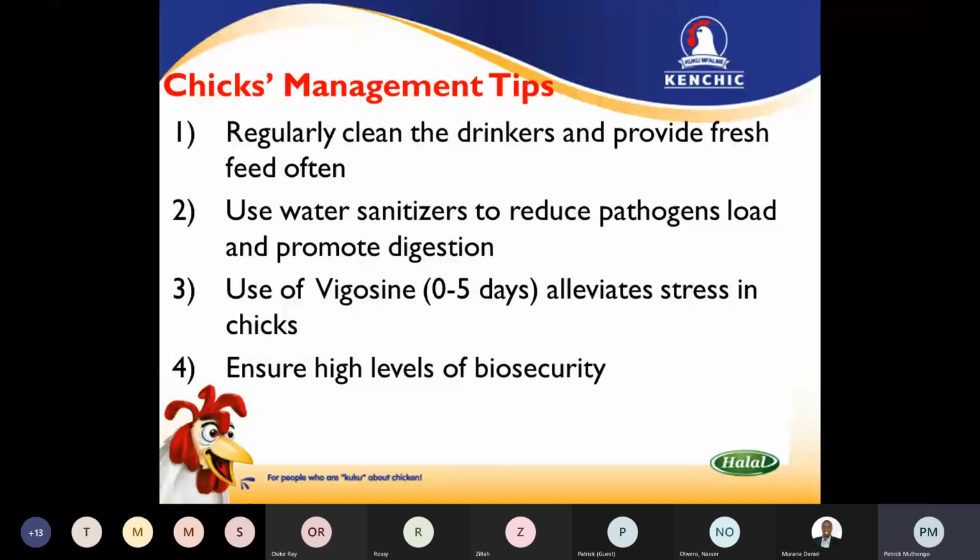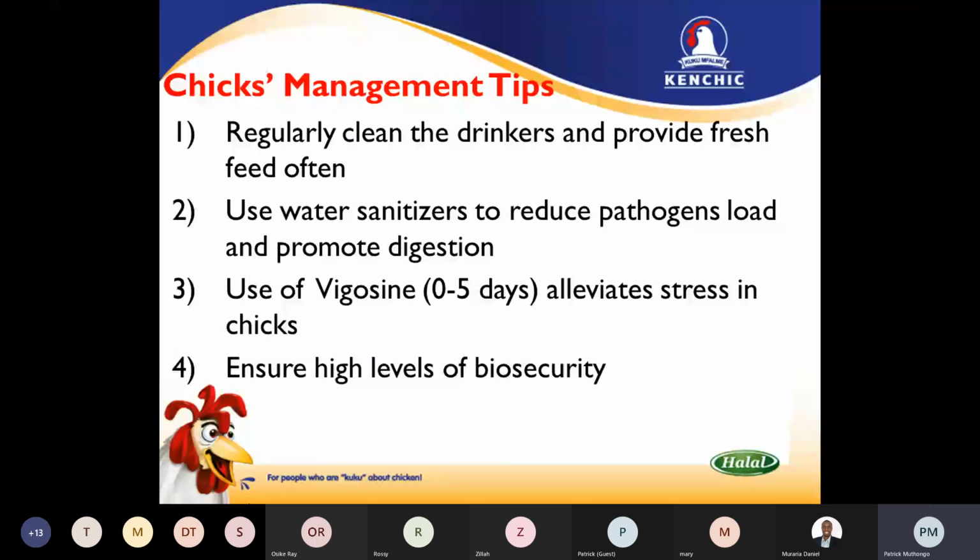Regularly clean the drinkers and provide fresh feed often. Maybe during the first few days, you can be replenishing the feed after every 4-5 hours. Ama unawekea kifaranga wako chakula kidogo, then wakimaliza unaongezea, rather than kuwekea chakula nyingi, the feed gets stale.